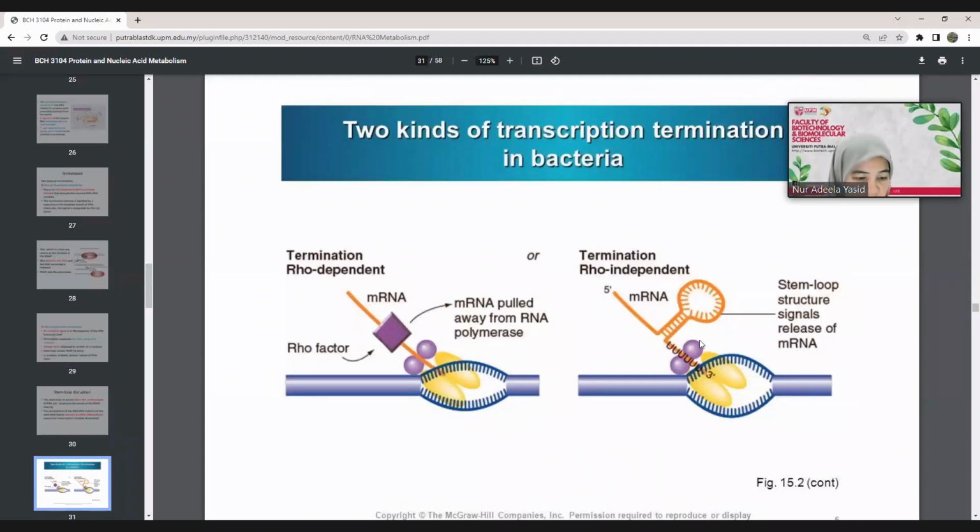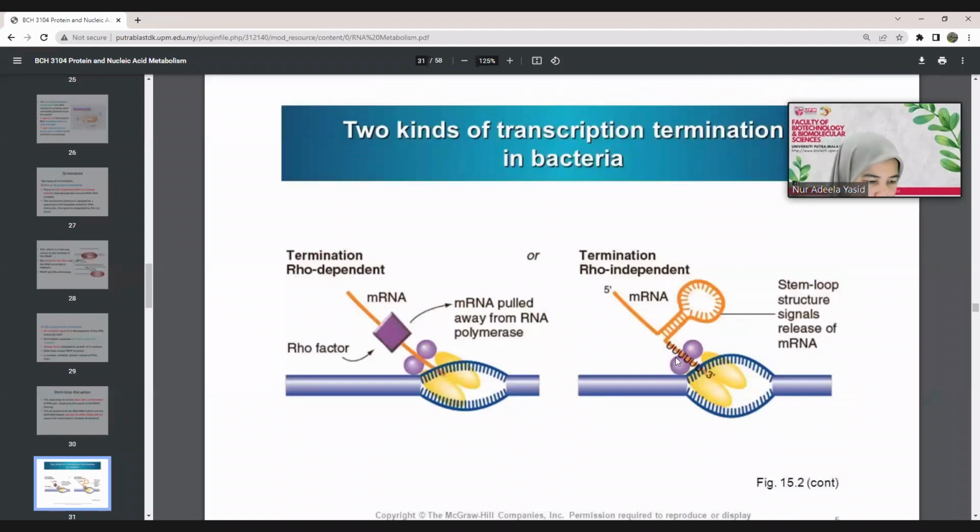So it will permit the release of mRNA. So we have discussed the initiation, elongation, and also termination in the transcription of prokaryotes.